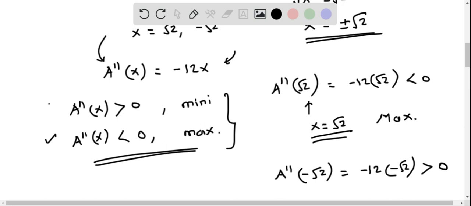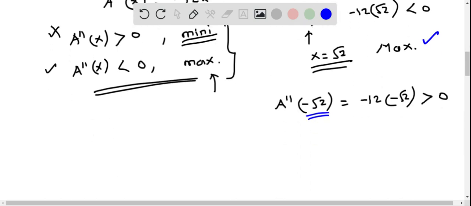And this means it satisfies this condition, which means it is a minimum point. Since we are looking at only the maximum area, we can ignore this critical number for now and consider only the value of x which gives the maximum area. So I'm going to consider x equal to root 2, which helps to maximize the area of the rectangle.